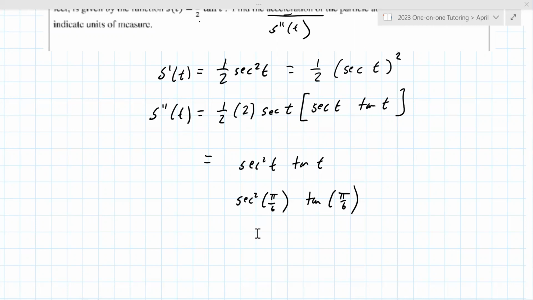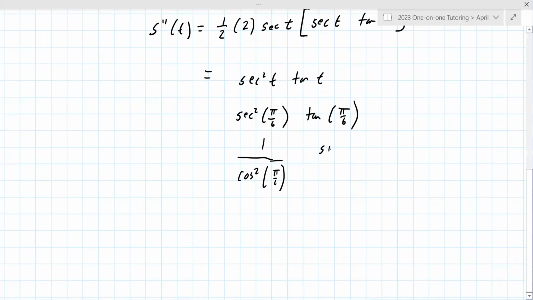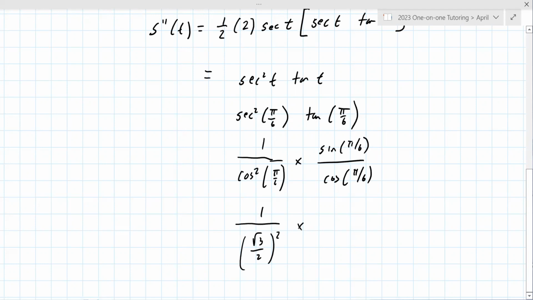So secant is 1 over cosine, so secant squared of pi over 6 is 1 over cosine squared of pi over 6. Tangent is sine pi over 6 over cosine pi over 6. In your unit circle, cosine pi over 6 is the x value, square root of 3 over 2, so it's 1 over square root of 3 over 2, squared, times sine pi over 6, the y value, 1/2 over square root of 3 over 2.